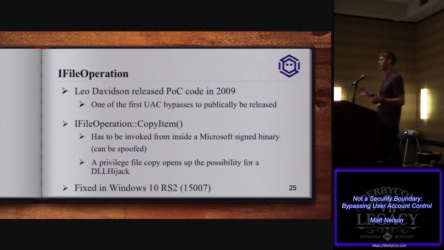A common one's explorer.exe. So the way that this attack actually works, and the way that he released it, was that it spawns a new process or injects into an existing one a DLL or reflective DLL that exposes this interface and this method.